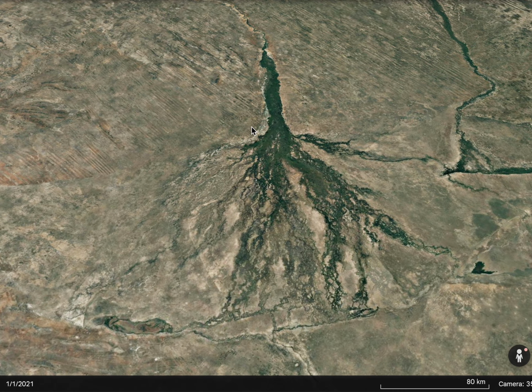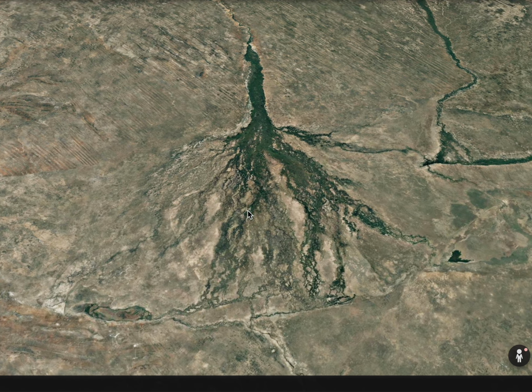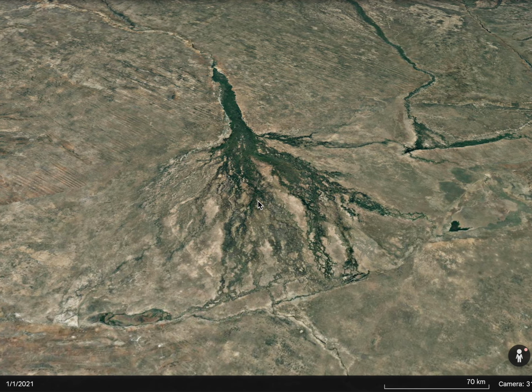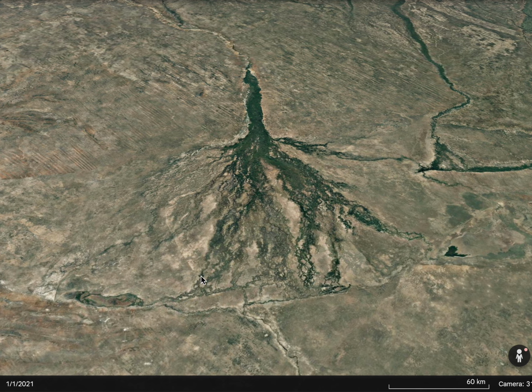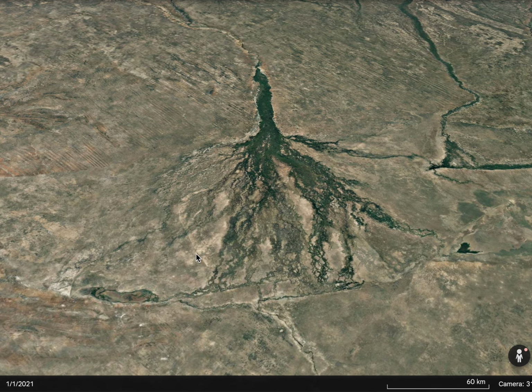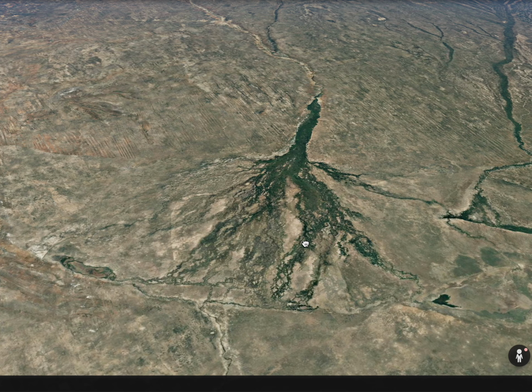Because when a fan is deposited above water, it has to be at a certain angle. That's the angle of repose, given the sediment grain size, which would be anywhere from 30 to 45 degrees. But an alluvial fan that forms completely underwater can form at less than 1 degree of slope.